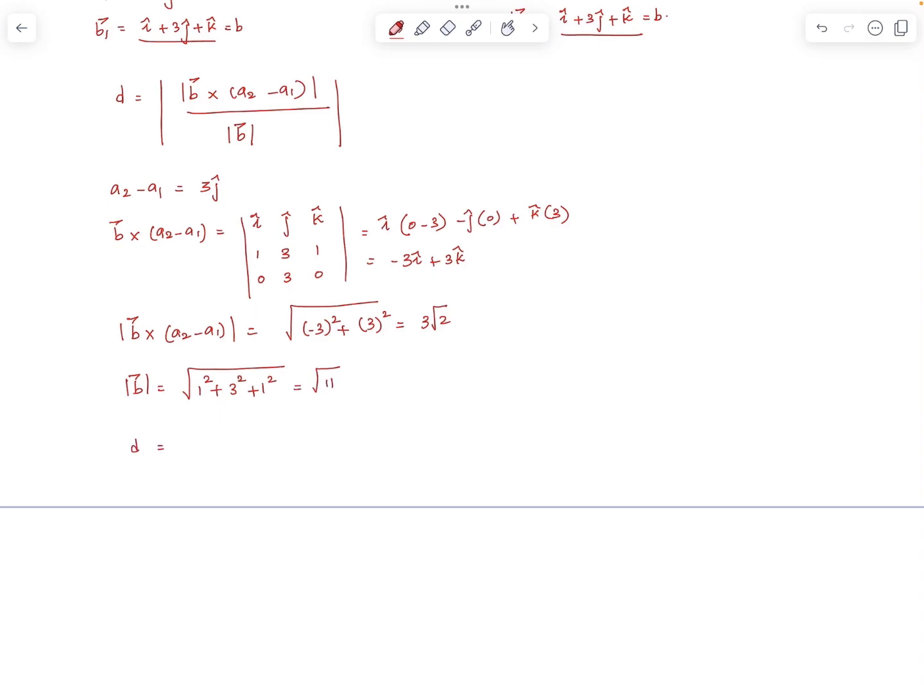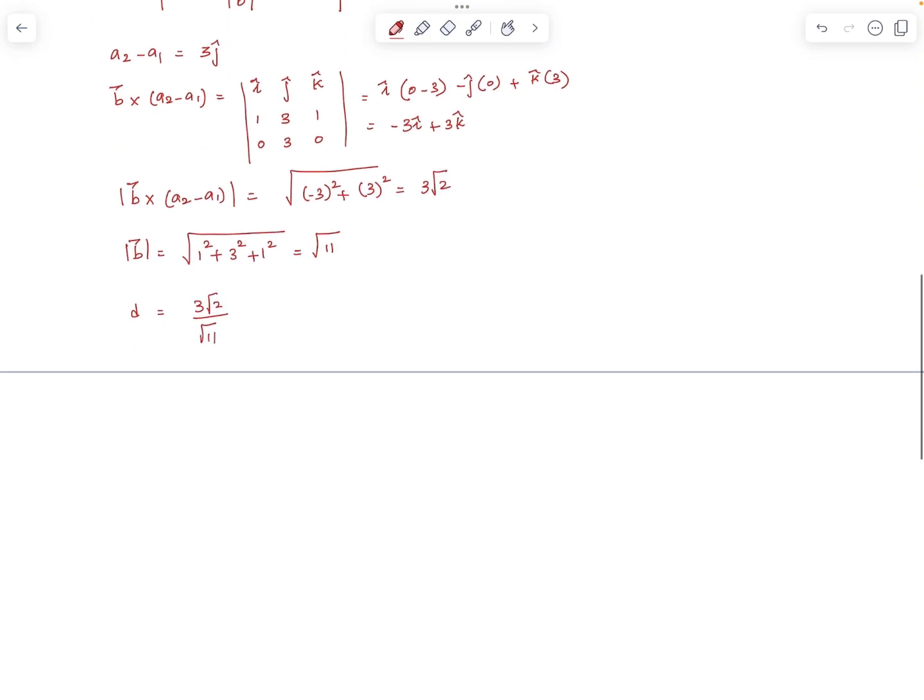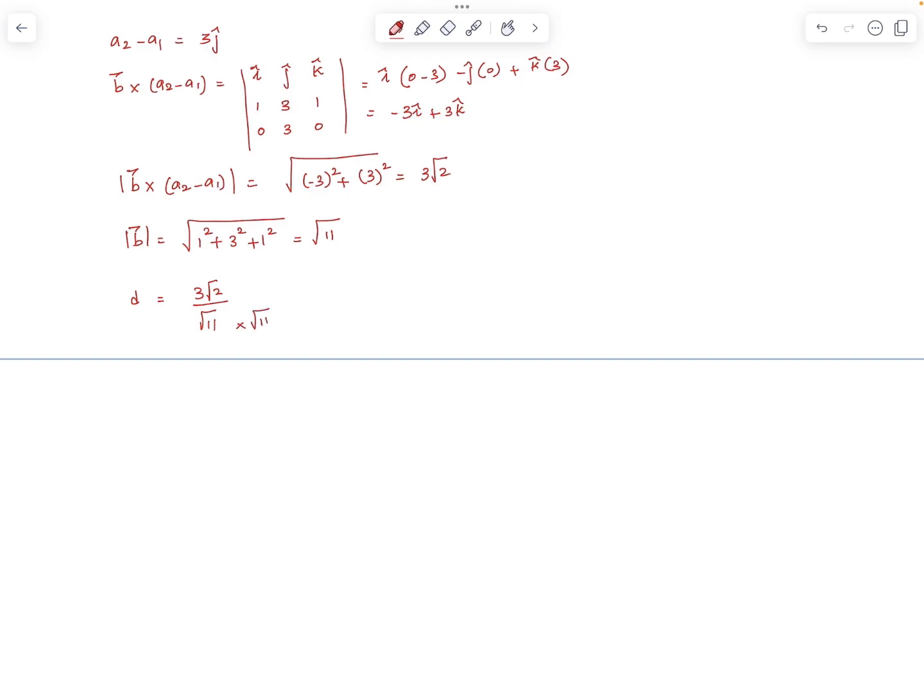So the distance is equal to 3 root 2 upon root 11. On rationalizing this, we get 3 root 22 upon 11 units. This is the distance between the extremes.